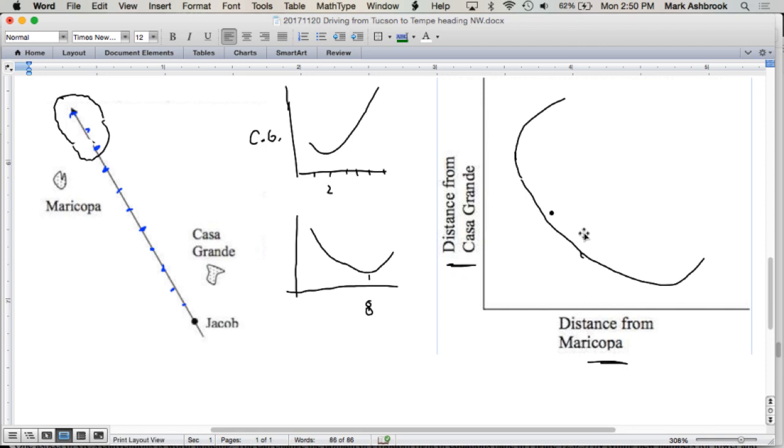No, because given a distance from Maricopa, there's more than one distance from Casa Grande at some distances from Maricopa. So when I asked that original question, is this the graph of a function, many of you answered as if I was asking, is distance from Casa Grande a function of distance from Maricopa? And the answer is no. But it is the graph of a function.